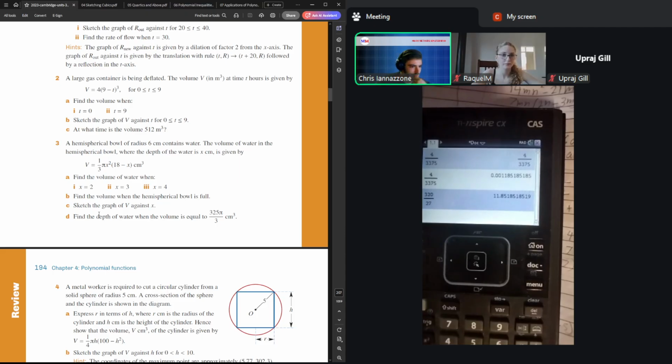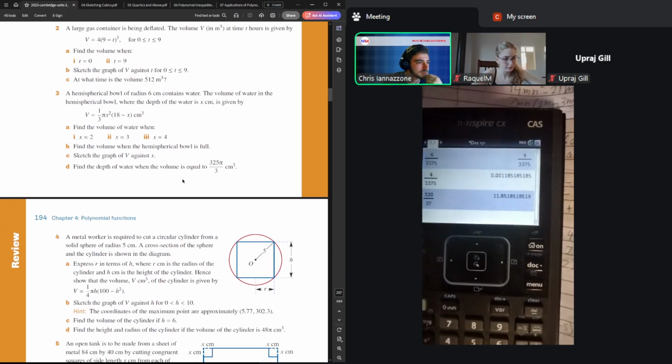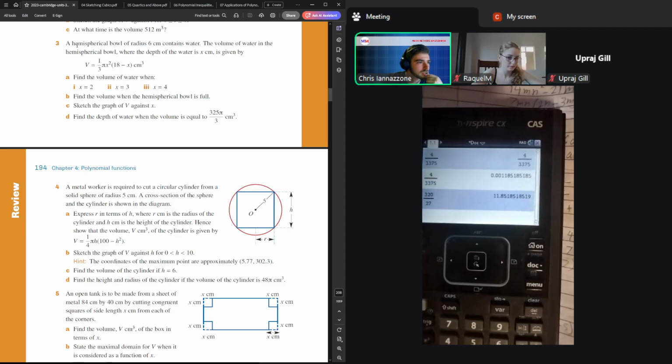Let's see if we're given any... Volume when full is interesting because it's actually just a bit of reading comprehension. Let's see. We have a bowl. The volume is given by this. What's the volume when the bowl is full? Interesting wording of that. Not immediately obvious what that means.